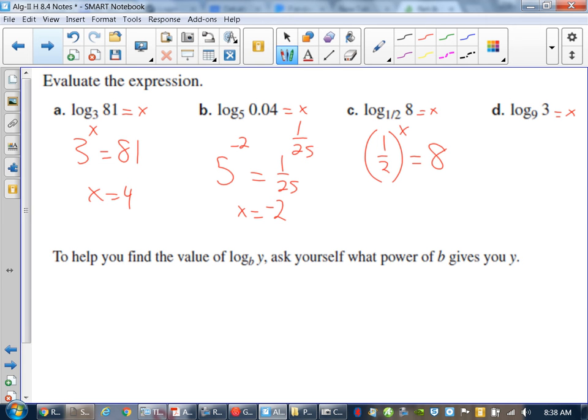Same deal going the other way. If you start with a fractional base and you're going to an integer, you also had to have a negative exponent. It's little tricks like that you'll pick up on. And then last but not least, 9 to what power is 3? Or 1/2, good.